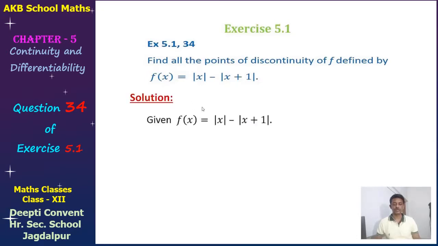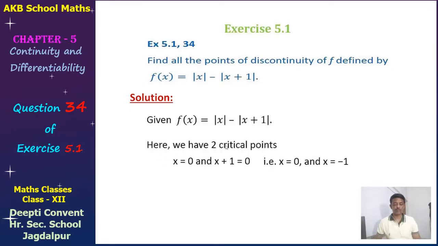Solution: the given function is mod x minus mod x plus 1. Here two modulus functions are given, with different values: x, and x plus 1. So x equals 0 is a critical point, and x plus 1 equals 0, that is x equals minus 1, is a critical point. Now we have two critical points, x equals 0 and x equals minus 1.